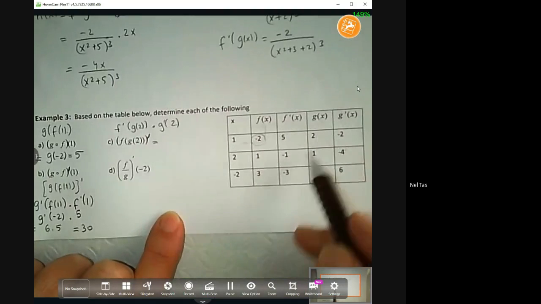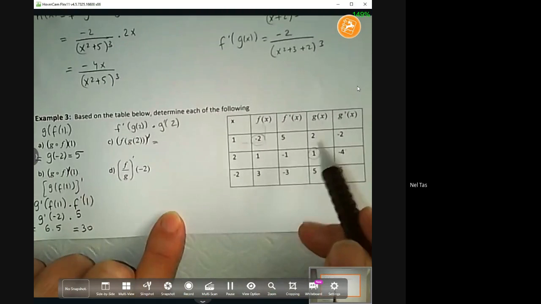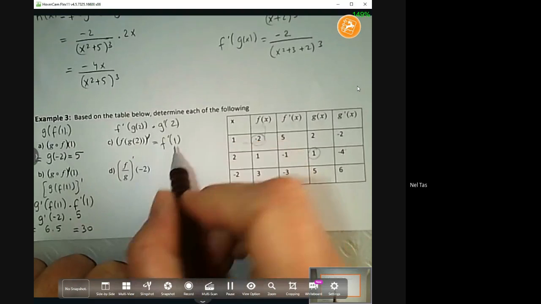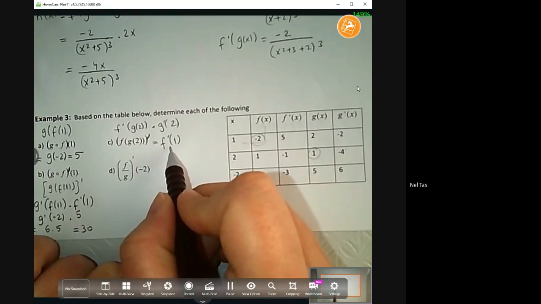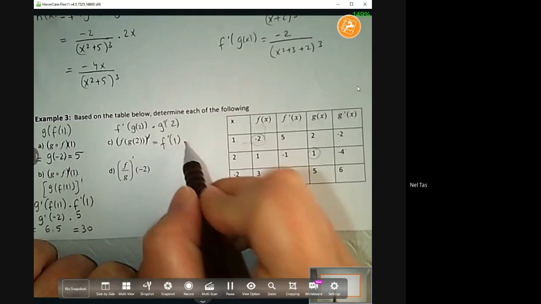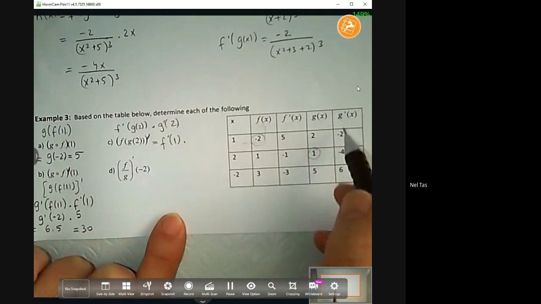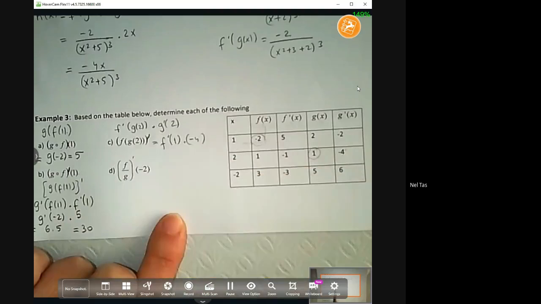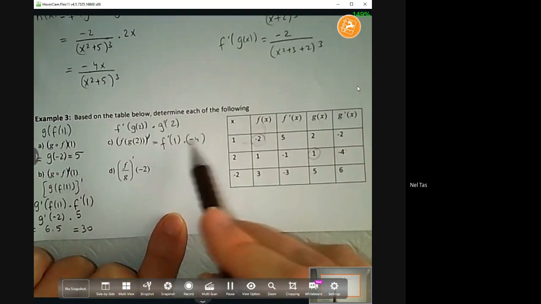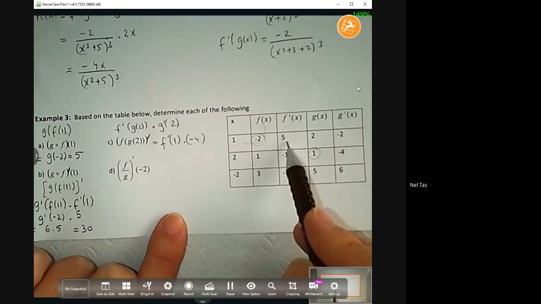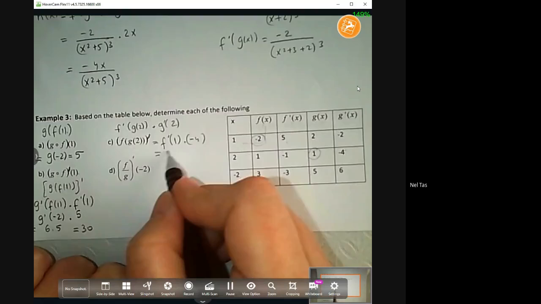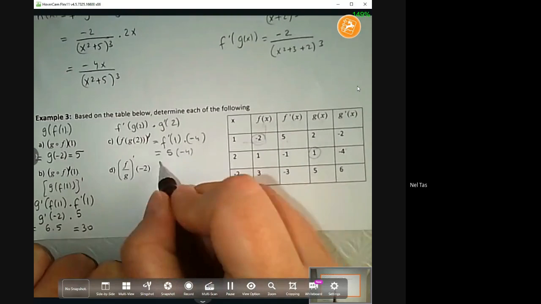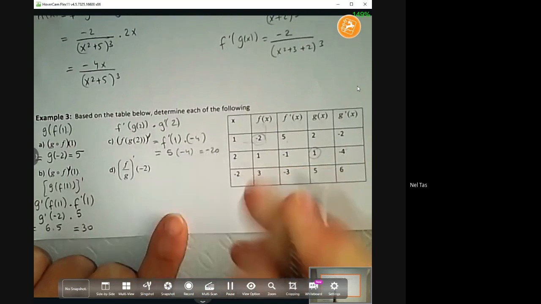So g of 2 is 1. So then you need to substitute 1 in the f derivative, and times it by g prime of 2. G prime of 2 is negative 4. So now f prime of 1 is 5. Okay, so you multiply it by negative 4, you get negative 20.